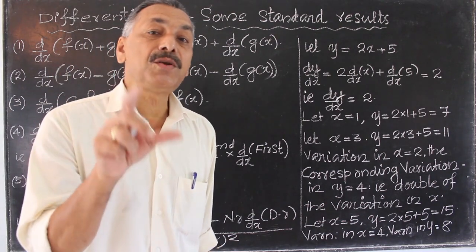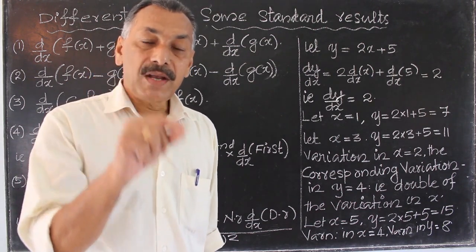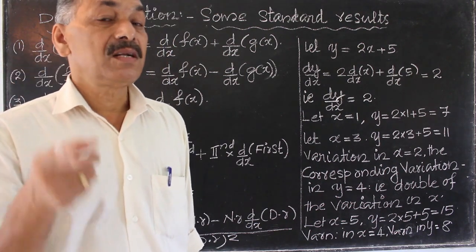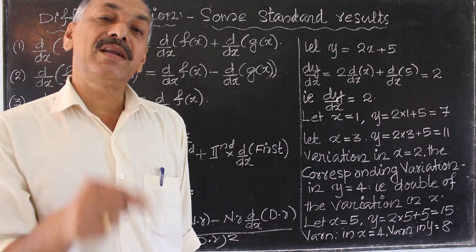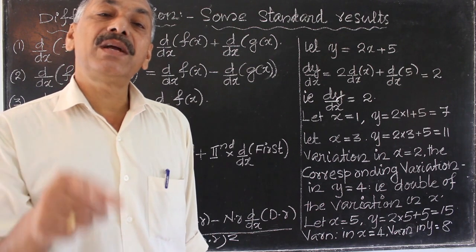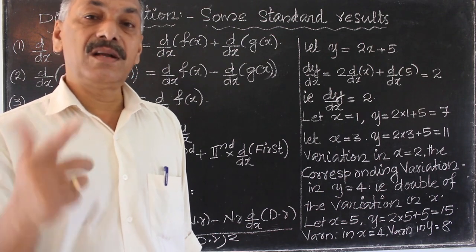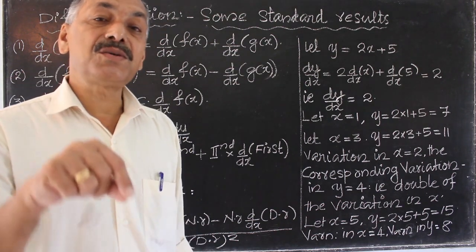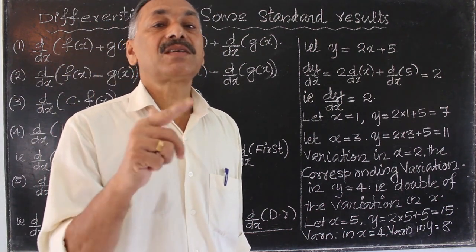That is, derivative of uvw is equal to du by dx into vw, plus dv by dx into uw, plus dw by dx into uv.